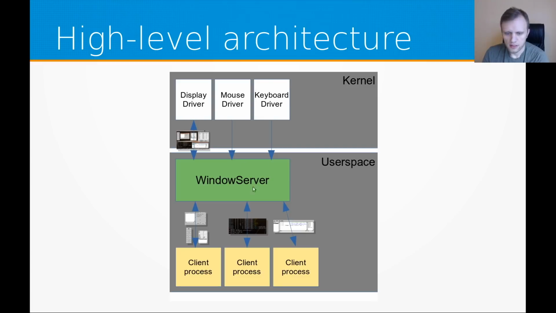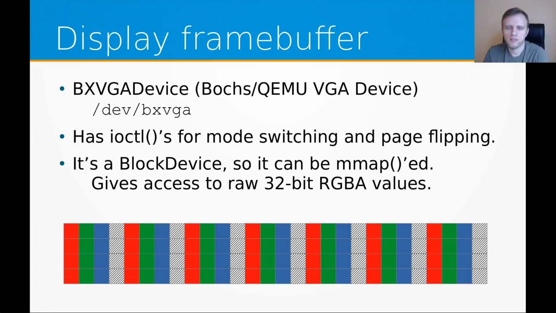Basically, that's how it works. Yeah, and then these clients talk to the Windows server over local domain sockets, but the bitmaps are in shared memory, and the bitmaps are owned both by the client and the Windows server. Anyways, that's just the high-level architecture. So let's move forward into the next detail, and that would be the display frame buffer.